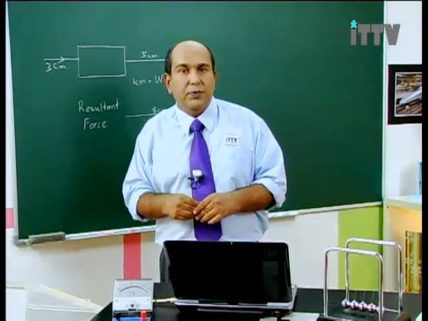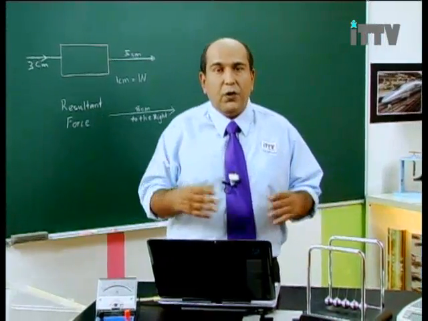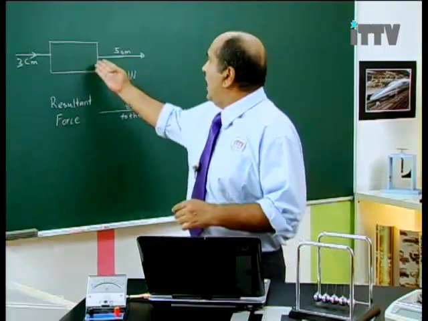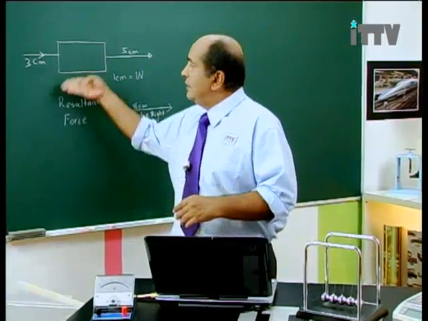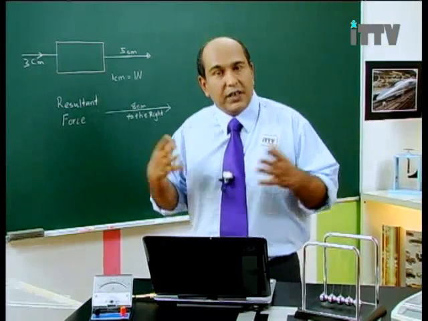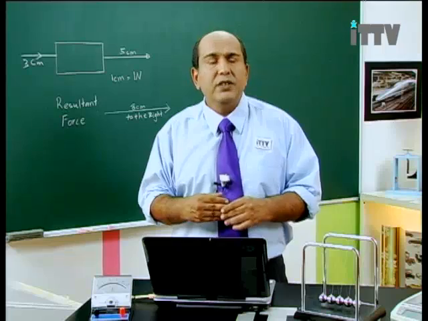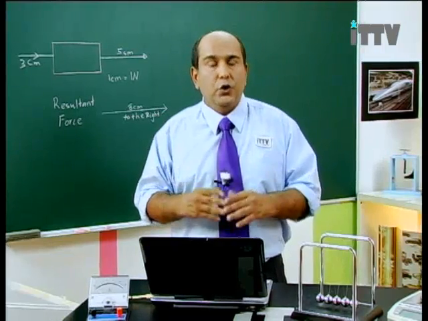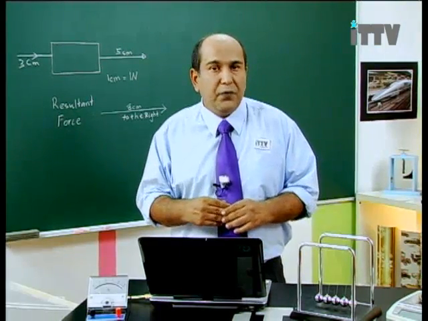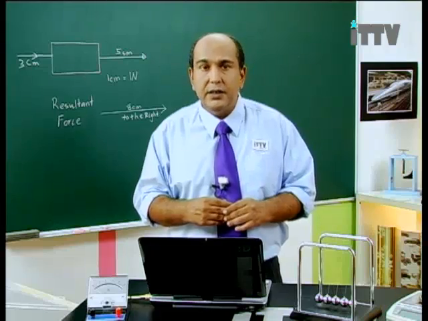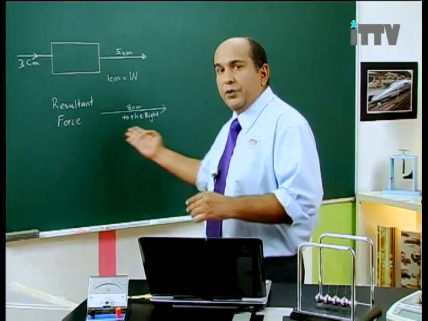Because it is going in the opposite direction, my resultant force is 5 plus, if you're going in the opposite direction, we give it a negative value, 5 plus negative 3, which gives me 2. So what I get is a resultant force of 2 newtons, but this time going to the right.